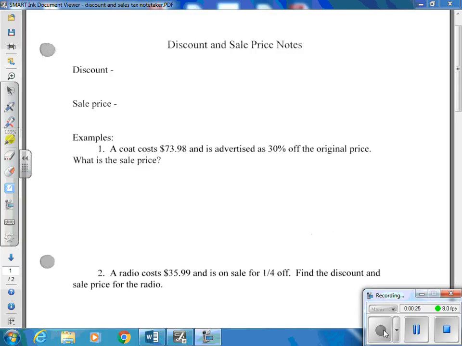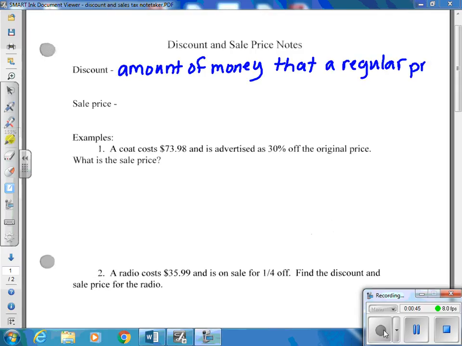and then we'll switch over to the other side. All right, so the first thing we need to do is define what these two words mean, because you have to know what it's asking for before you can officially calculate it. The discount is the amount of money that a regular priced item is reduced by.